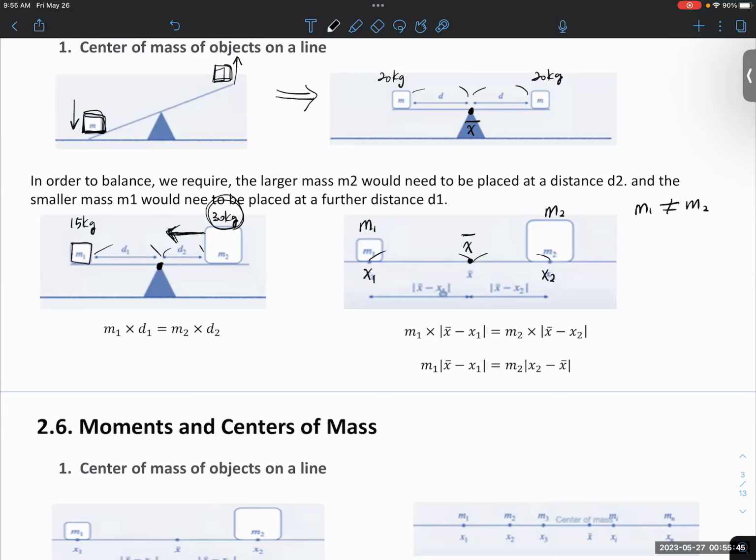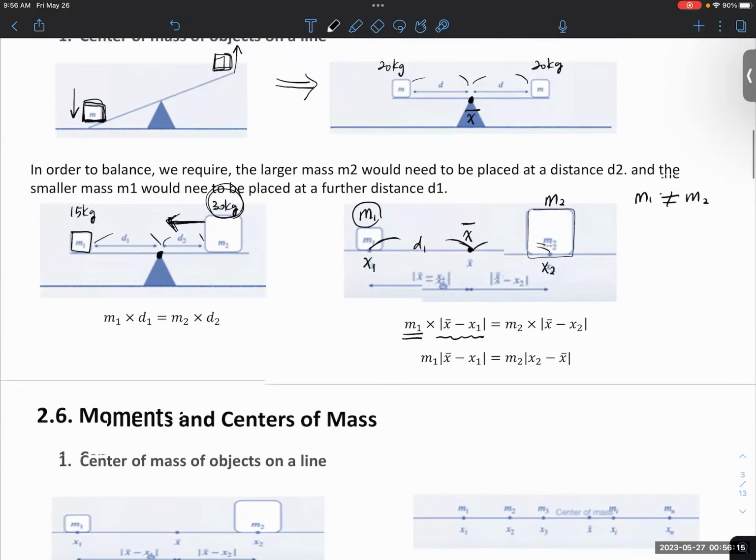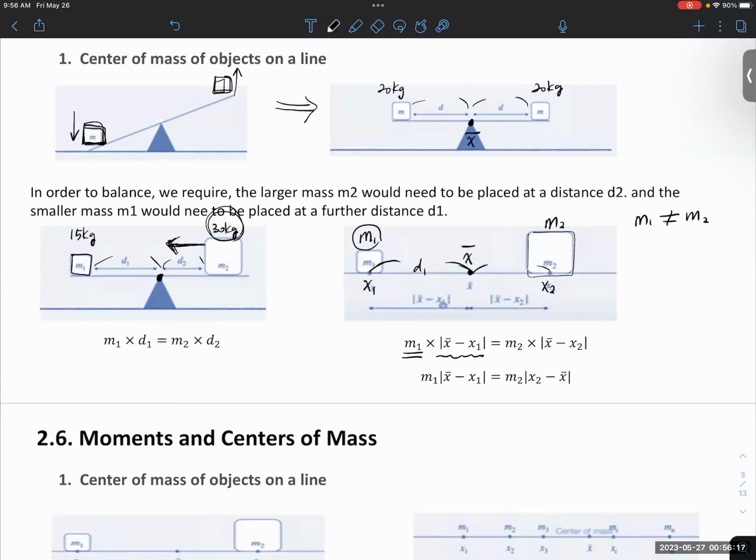So mathematically, M1 times the distance x bar minus x1, the distance between M1 and the balancing point, and then M2, the second weight, times the distance x bar minus x2, lets you find the balancing point. We can set up this equation from this observation.